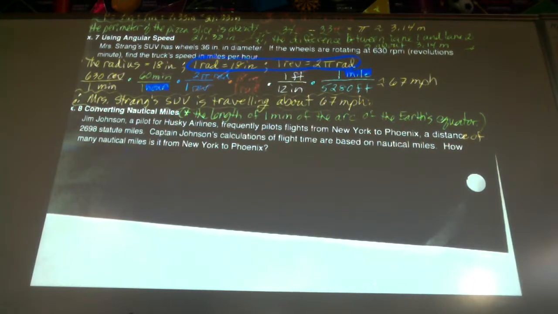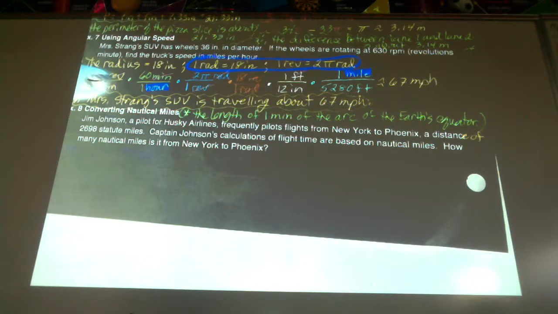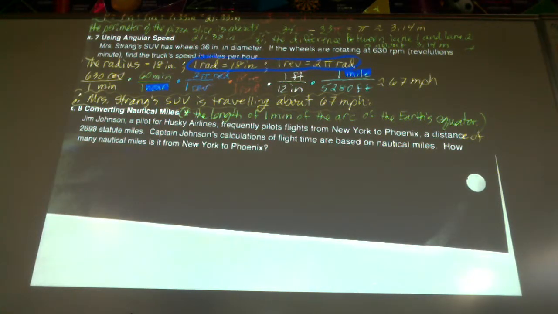Captain Johnson's calculations of flight time, however, are based on nautical miles. How many nautical miles is it from New York to Phoenix? Well, we know how many stat miles it is. If we had the conversion for stat miles to nautical miles, we could use that, just like we used conversions up here. But we don't, so we're going to come up with it. We're going to come up with that, Mr. Smarty Pants. So here we go.